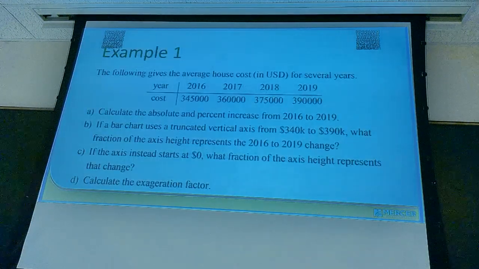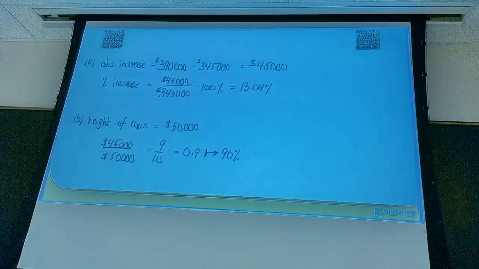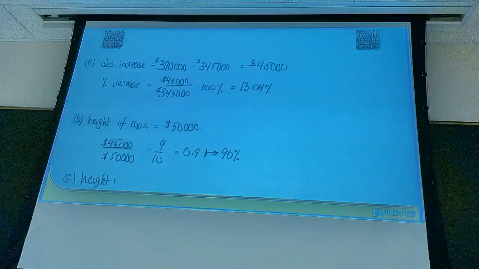If instead we start at 0, fraction of the axis height that represents the change, well now starting at 0, height of the axis is the full range, isn't it?